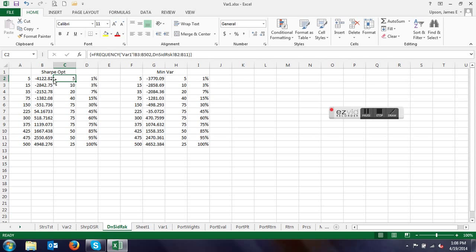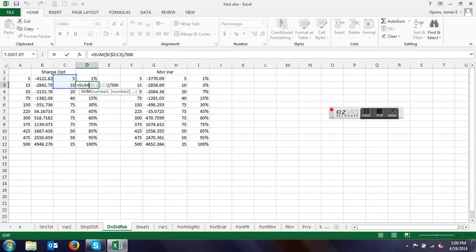So it's saying we're always going to start on C2 and then we're going to add everything that's below it. So now we can drag this down, and it is the sum of 5 and 10. And this one here is the sum of 5 through this number 50.